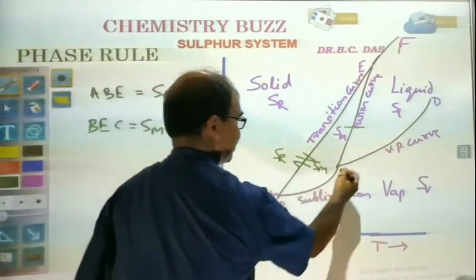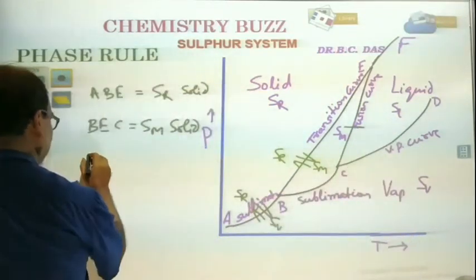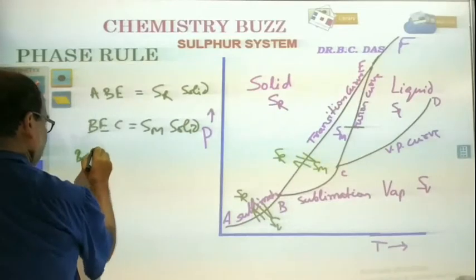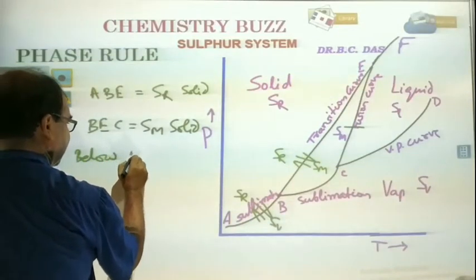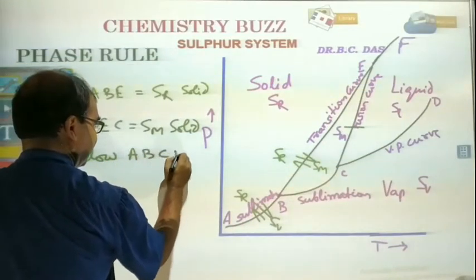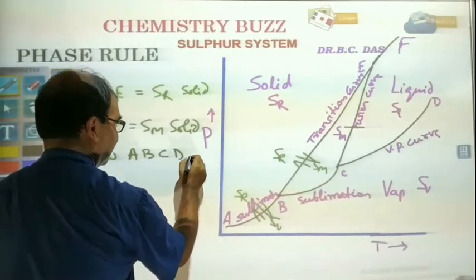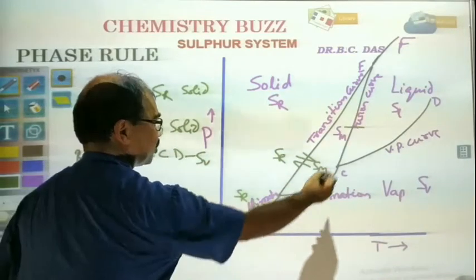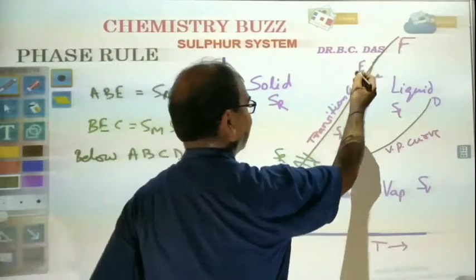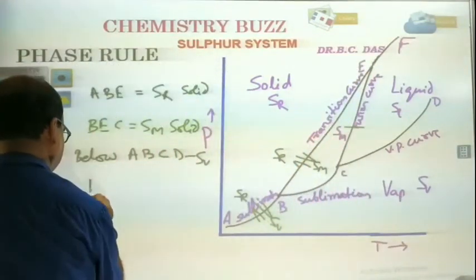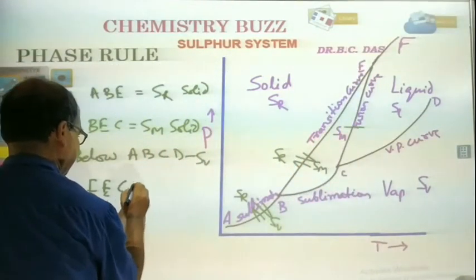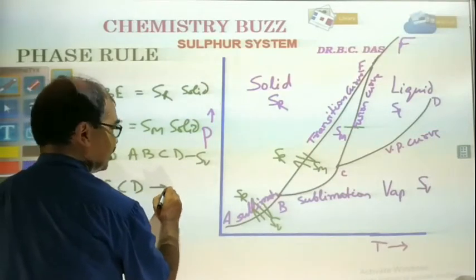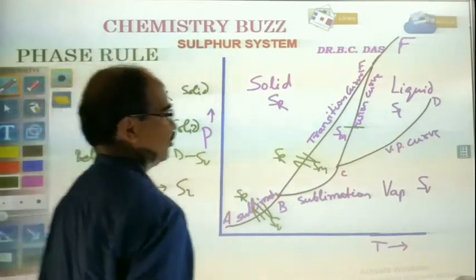And below A, B, C, D, that is SB, sulfur vapor, and above A, B, C, D, this is SL, liquid sulfur.